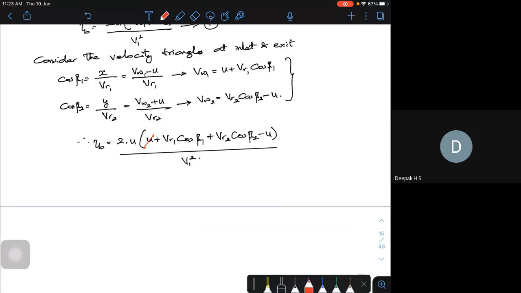So I am left with the blade efficiency equal to 2 times u into VR1 cos beta 1.